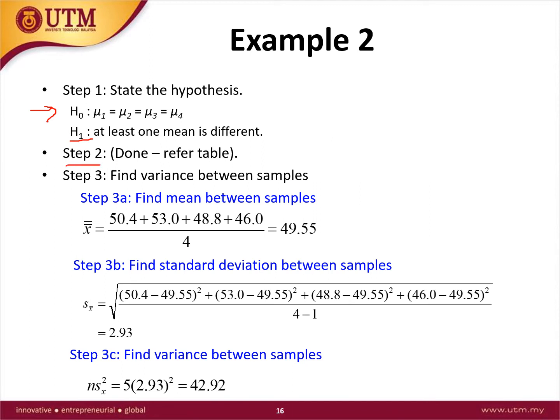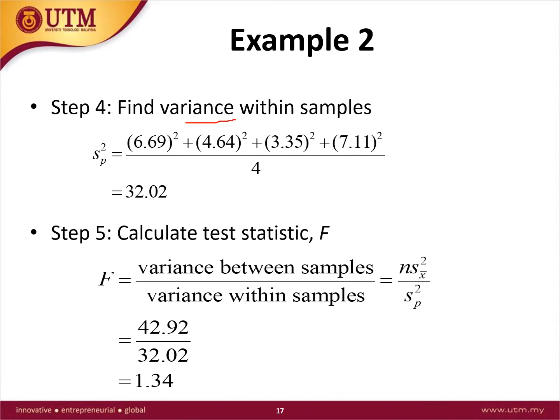For step 2, we are already given the values for the mean and standard deviation, so we just need to calculate the variance between samples. This is the mean, this is the standard deviation. Then find the variance between samples, this is the formula, and then find the variance within samples.